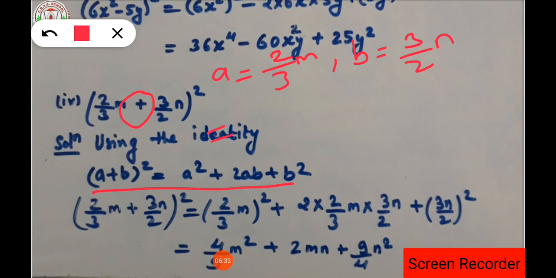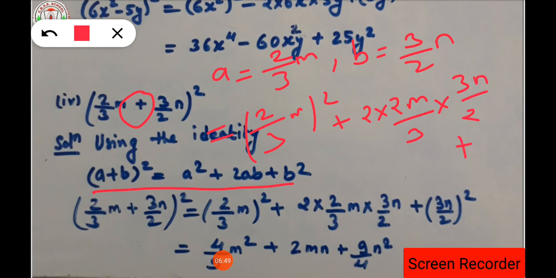Okay. So first one is a square, that means (2 by 3m) the whole square, isn't it? Plus 2ab, 2 into a value is 2m upon 3 and b value is 3n upon 2, plus b square, (3n upon 2) the whole square. So 2 by 3m the whole square, that means 2 into 2 will be how much? 4. 3 into 3 is 9, so 4 by 9. m into m is m square.